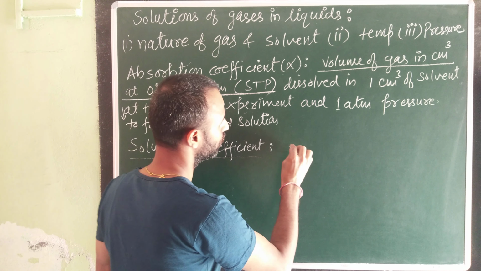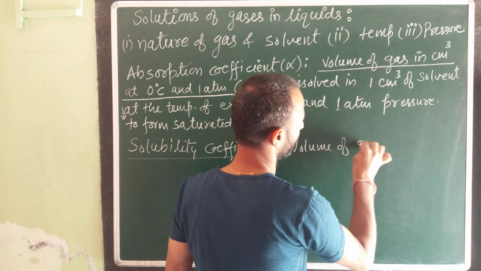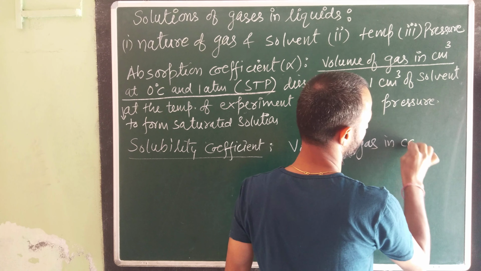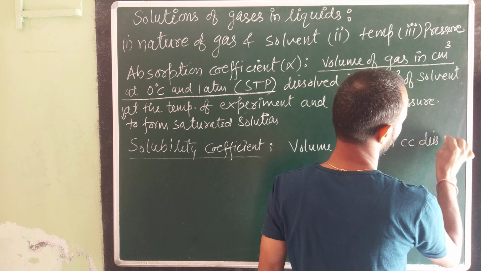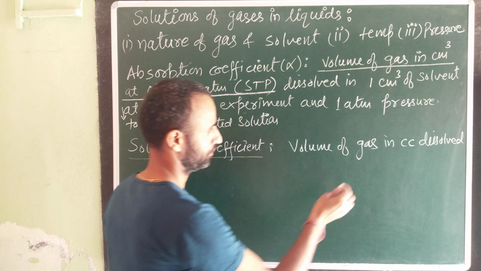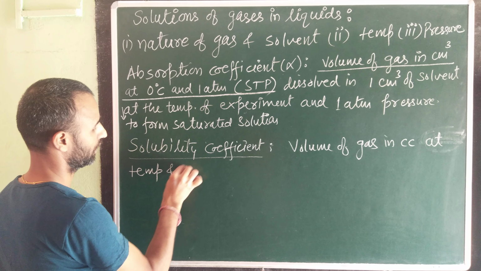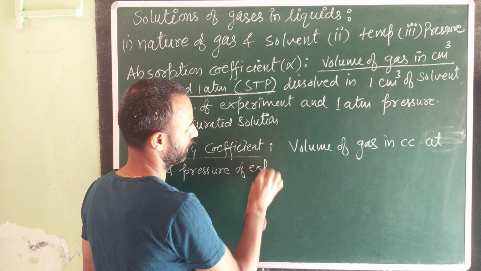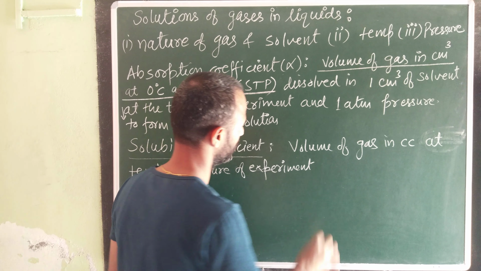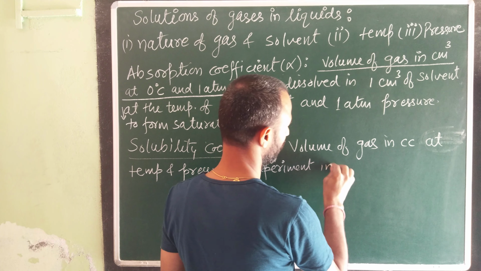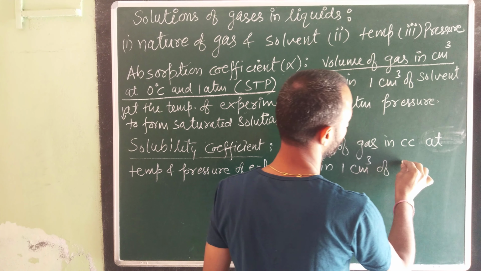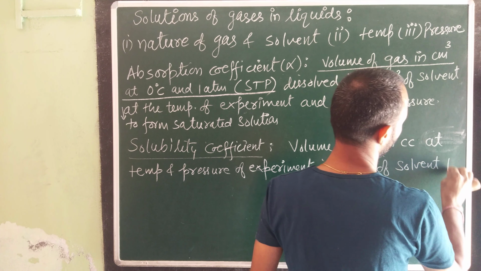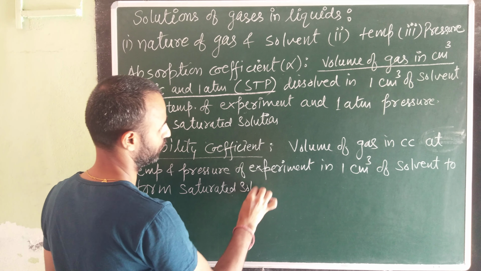And solubility coefficient is volume of gas in cubic centimeter at temperature and pressure of experiment, or temperature at which dissolution takes place, in again 1 centimeter cube of solvent to form saturated solution.